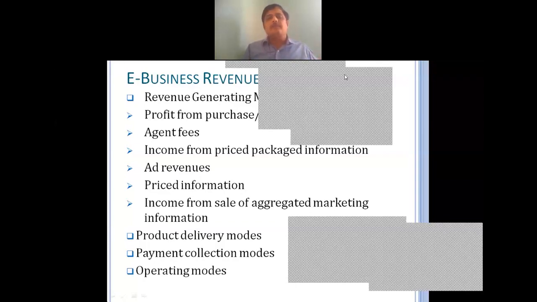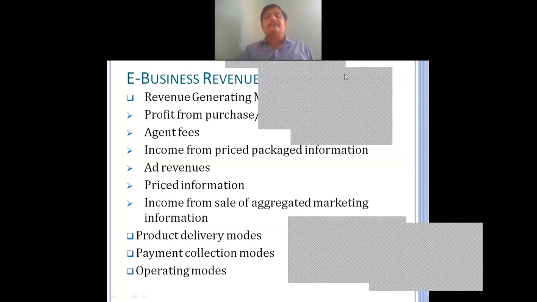From the moment of quality checking of the product with the producer till the time we reach that same product to the ultimate consumer, you're the only intermediary. That is how agent fees are going to be completely zero. That is one of the revenues. So avoiding the expenditure can be converted into revenue for the organization through the e-commerce business model.